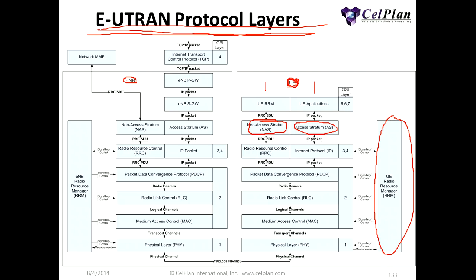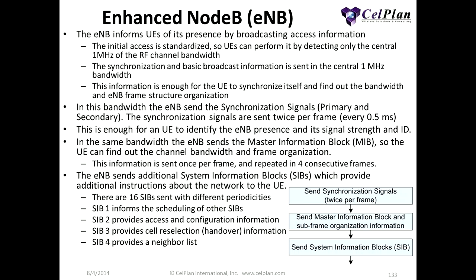And this also exists on the UE side, although the functionality is totally different. This one is a kind of slave of the master that is in the eNB. Okay. Also here I indicate the layers compared to the OSI layers and so on.